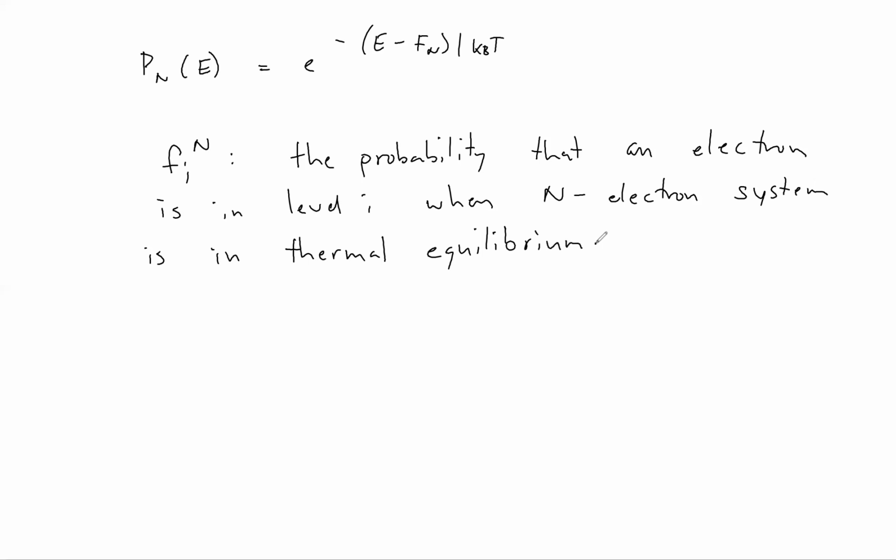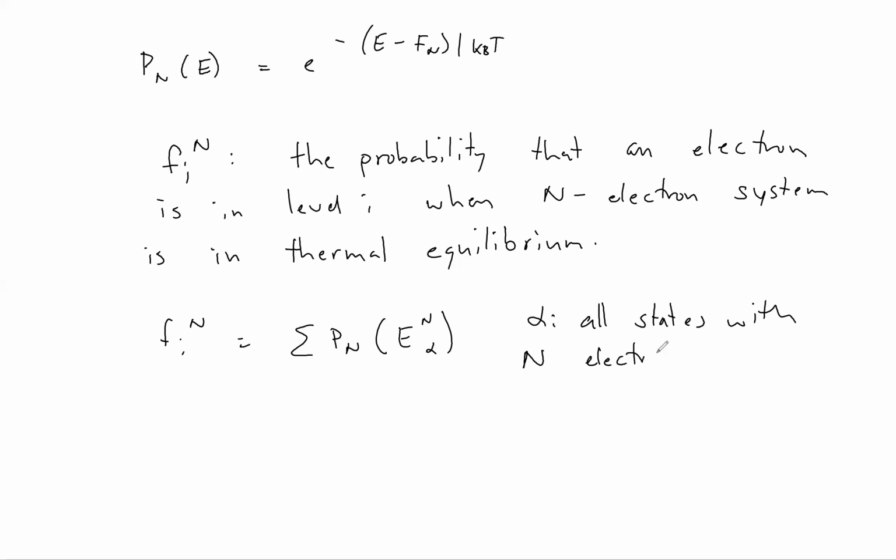So we'll say that f_i^n is equal to the sum of the probabilities of the n electron system having energy E_alpha,n. Now I'm going to use alpha to mean all states with capital N electrons when level i is occupied.